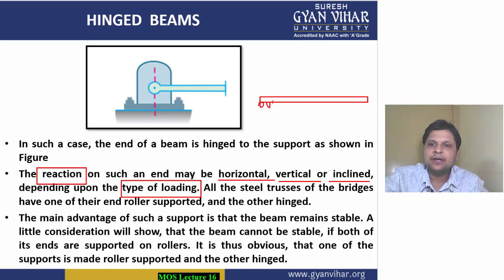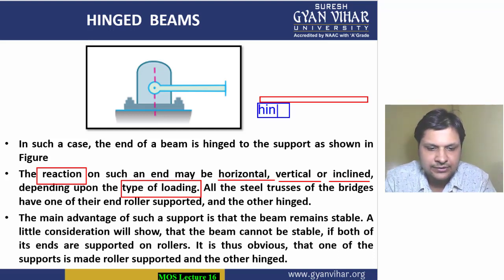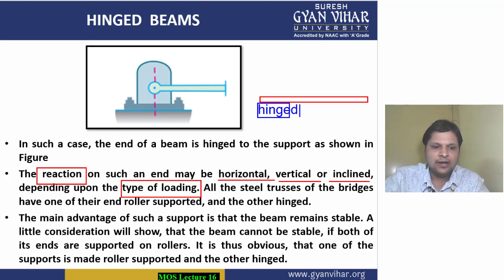In this way, one portion will be hinge support and the other will be roller support. The type of end reaction can be horizontal, vertical, or inclined, and that depends on the type of loading.